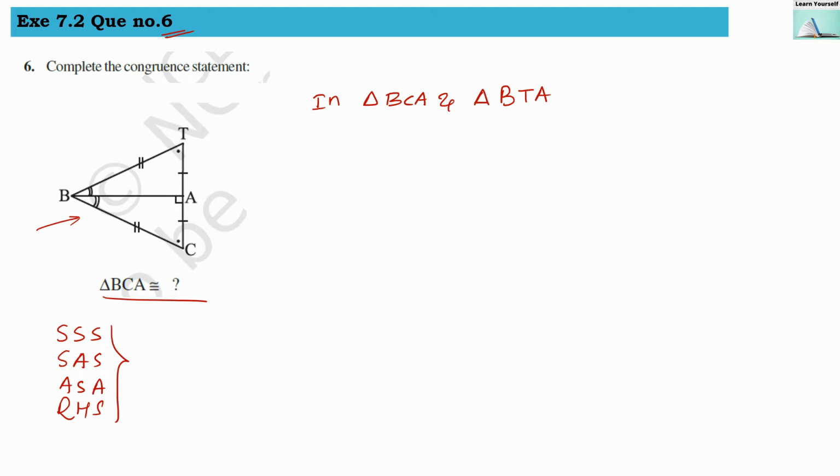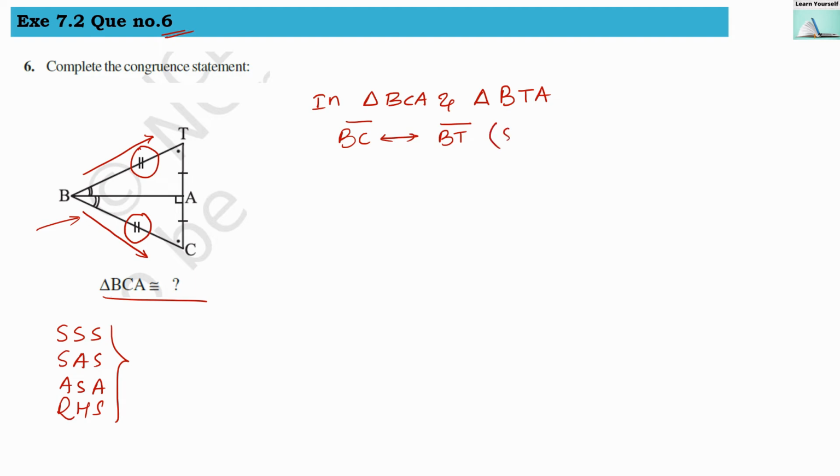Now let us start writing the congruence criteria. First I am taking these two sides, side BC and BT, they both are in congruence with each other. Side BC is in congruence with BT. Always remember, whichever pattern you follow in the first triangle, the same pattern you have to follow in the second triangle.